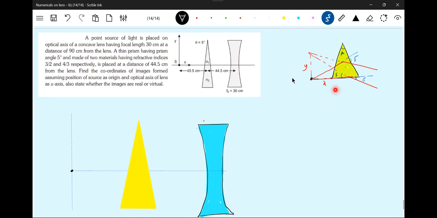So delta is equal to (mu minus 1) into A. This is the deviation produced by this prism. Then tan delta equals y by x.